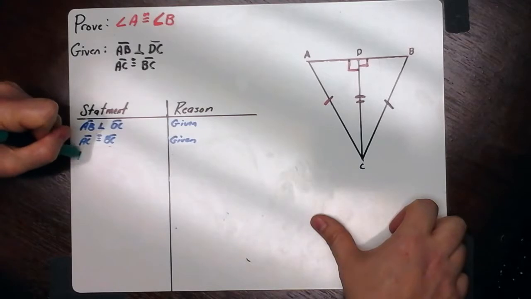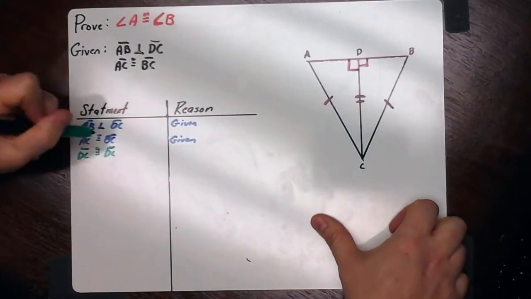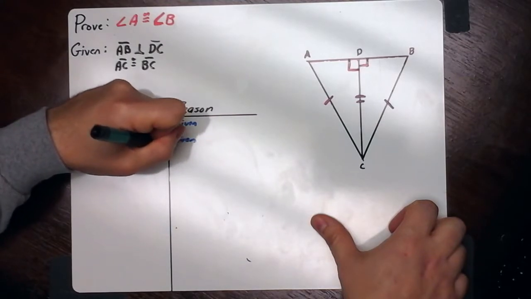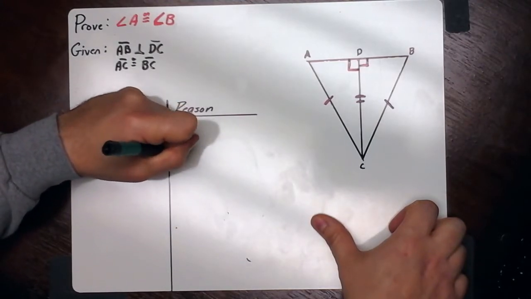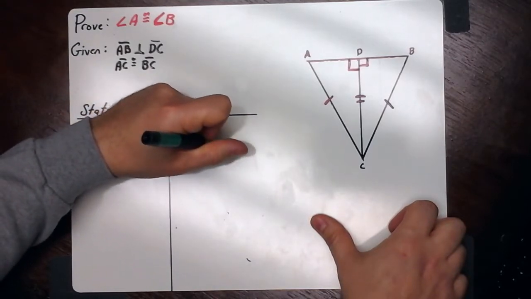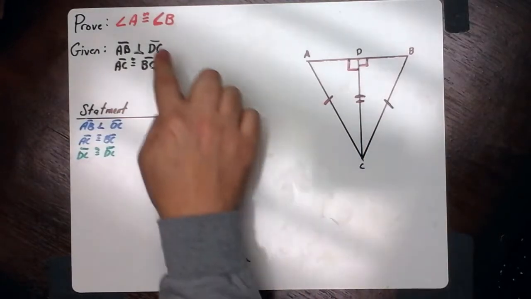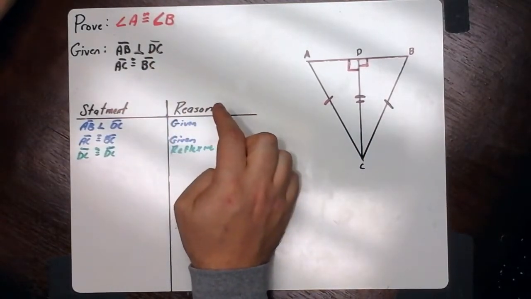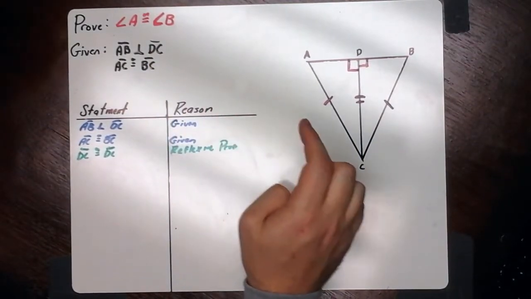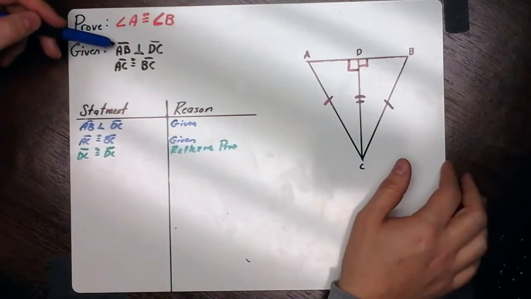So I have DC is congruent to DC, and that's because of the reflexive property. Okay, now I'm going to use the perpendicular part. I'm going to write that, I guess, in blue. I only have so many colors to use here.